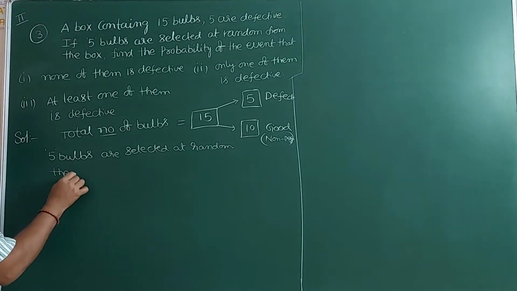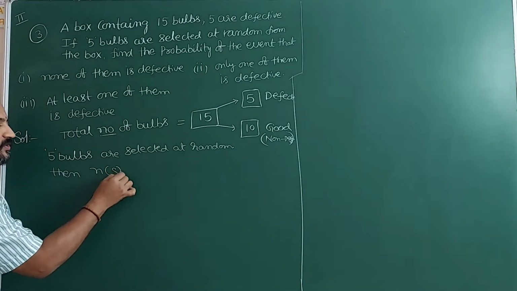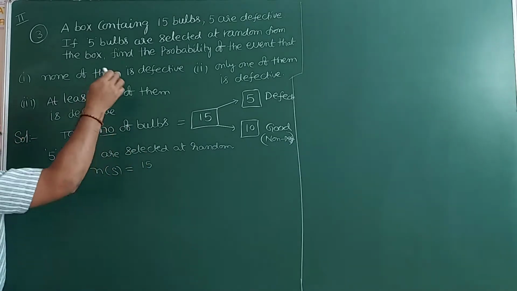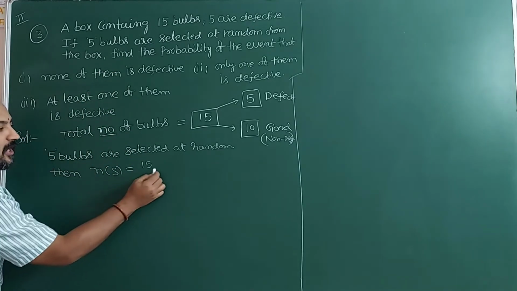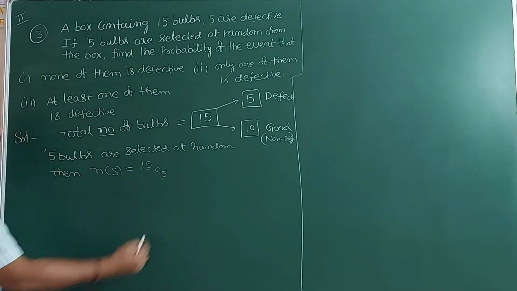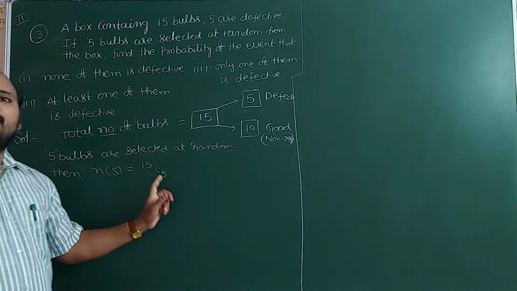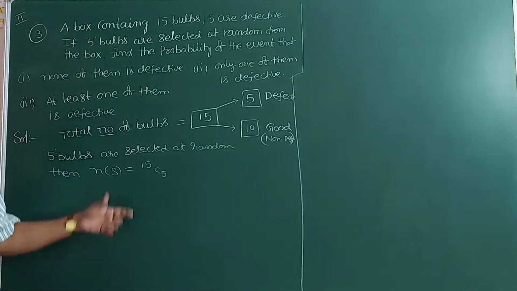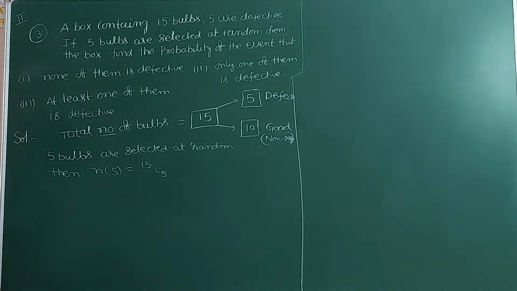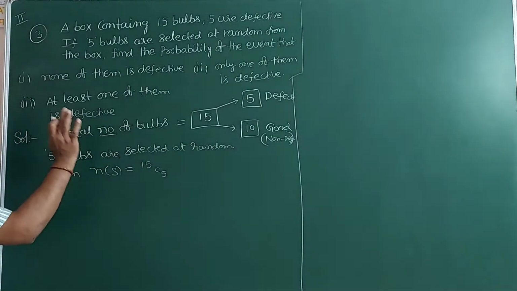Then n of S, the total possibilities, is selecting 5 bulbs out of 15, in 15C5 ways. These are the total possibilities.